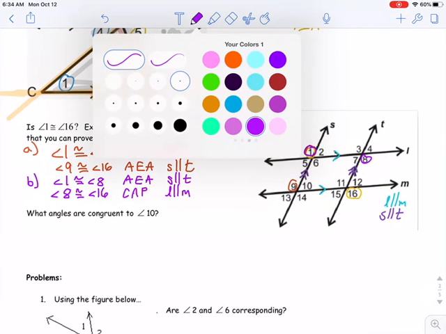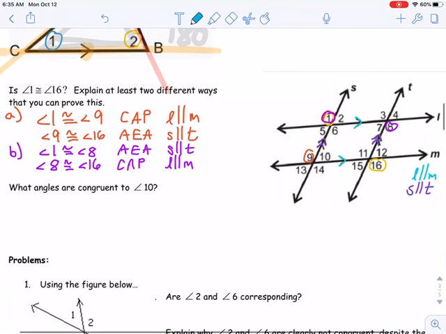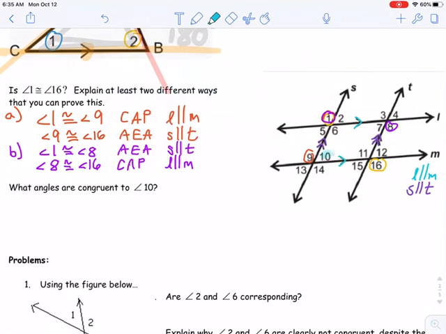So in doing this problem right here, it says what angles are congruent to angle 10? Well, let's just highlight it, and then we'll discuss our findings. So we have 10 and 13 are congruent because they're vertical angles. 10 and 2 are congruent because they're corresponding angles. 10 and 5, alternate interior angles.